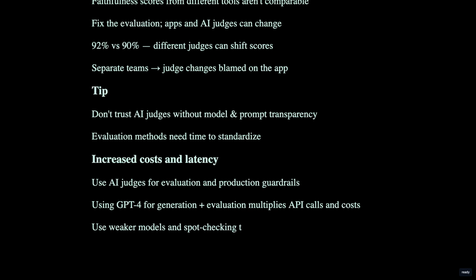You can save money by using cheaper, weaker models as automatic judges and by spot checking only a subset of responses. Spot checking reduces cost, but can miss some failures. Increasing the sample size raises confidence and also raises cost. Finding the right trade-off between cost and confidence usually takes some trial and error.